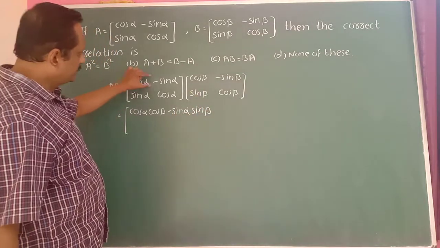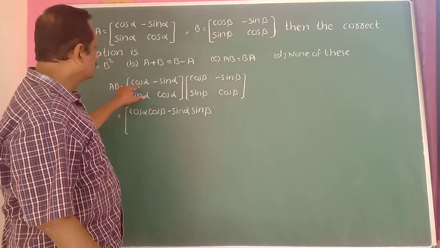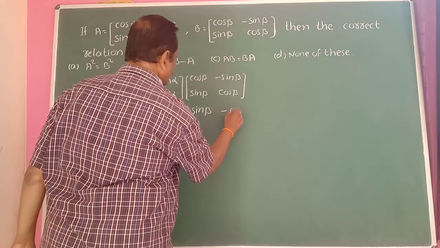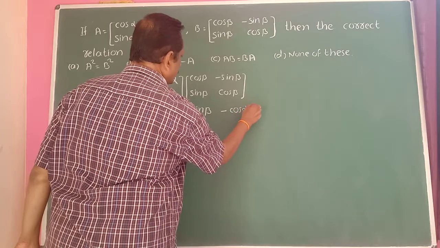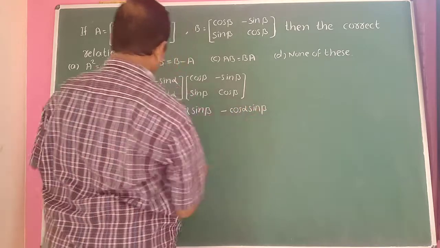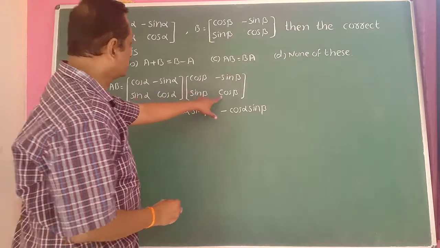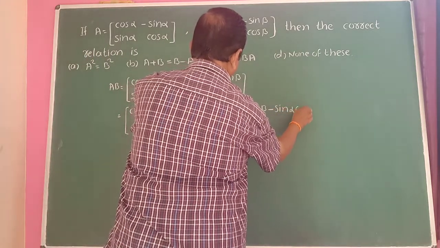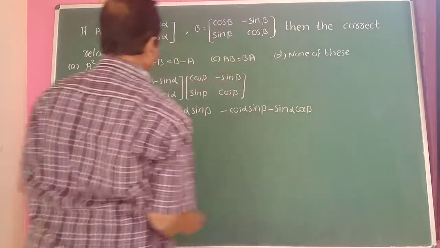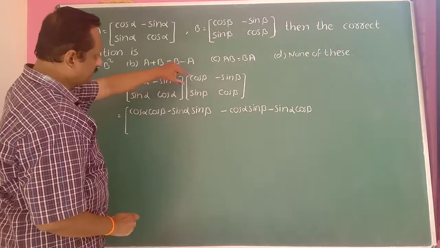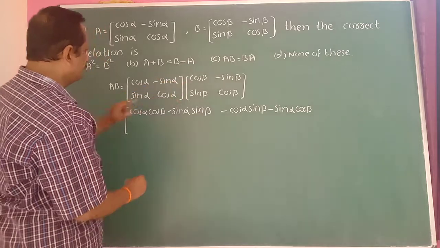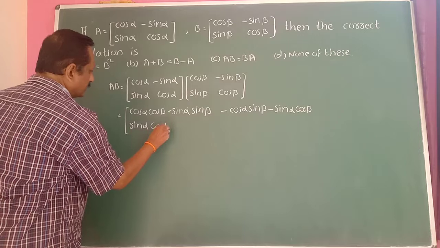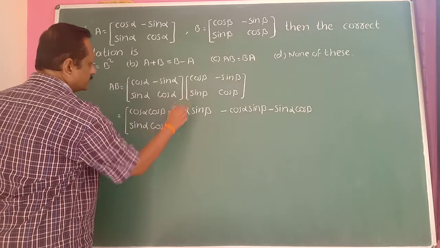Then multiply this row with this column here: cos alpha into minus sin beta, minus sin alpha cos beta. Then multiply this row with this column: sin alpha cos beta, cos alpha sin beta.